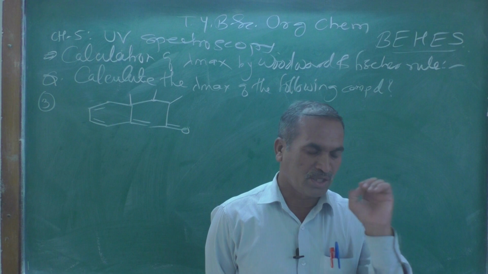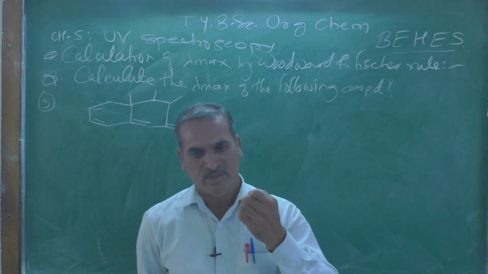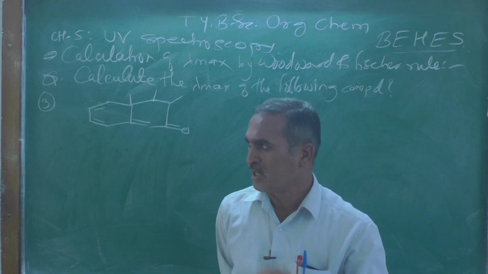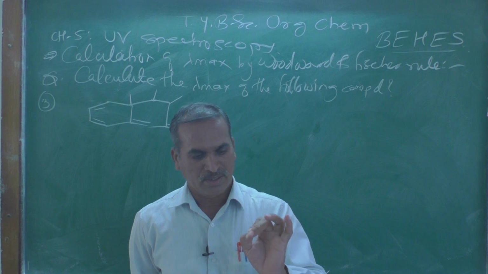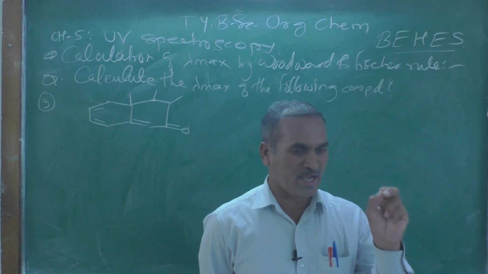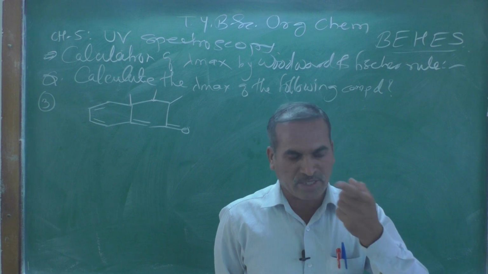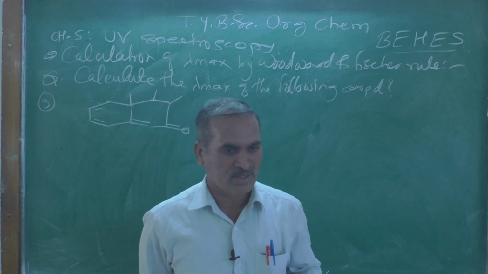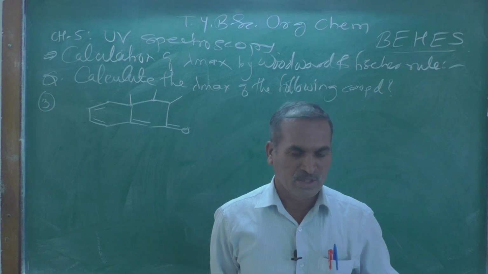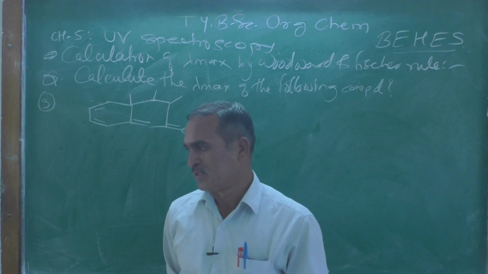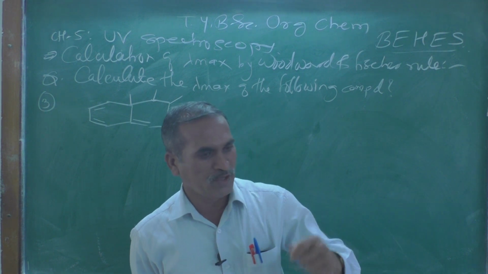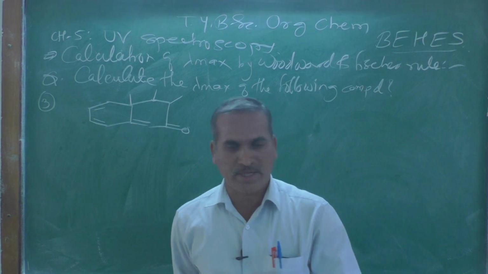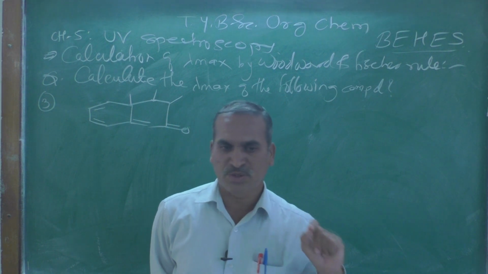But the enone system and the diene system clearly differ in their substituents. In a diene system we consider only the substituents around that diene system. But in an enone system, while considering substituents, we first designate or mark positions adjacent to the carbonyl group.